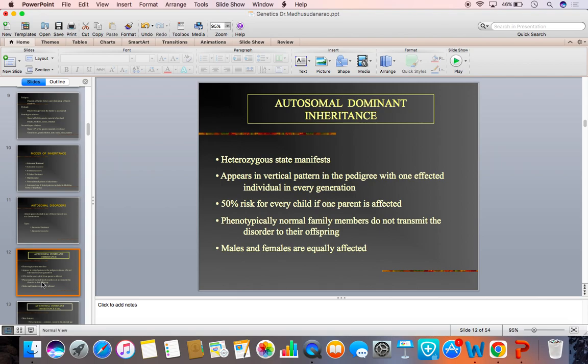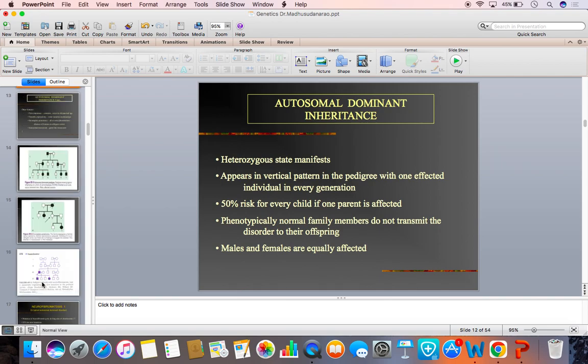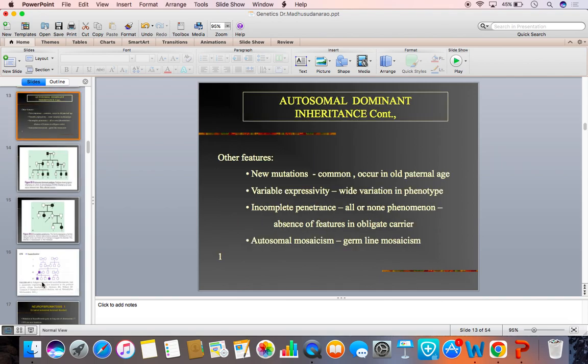Phenotypically normal family members do not transmit the disorder to the offspring. If the parents are normal, they are unlikely to produce abnormal children. Males and females are equally affected because it is autosomal inheritance.